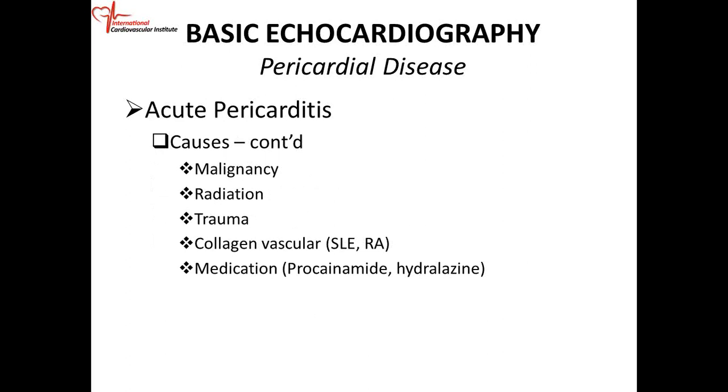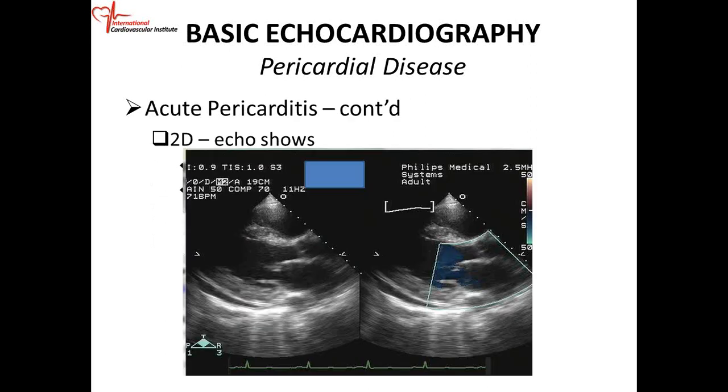Trauma, penetrating and non-penetrating, can give rise to acute pericarditis. Collagen vascular disease is a very common cause, with lupus and rheumatoid arthritis as two examples. Medications that can do it are procainamide and hydralazine. Procainamide is an antiarrhythmic medicine, and hydralazine we use to treat hypertension. So those can cause it.